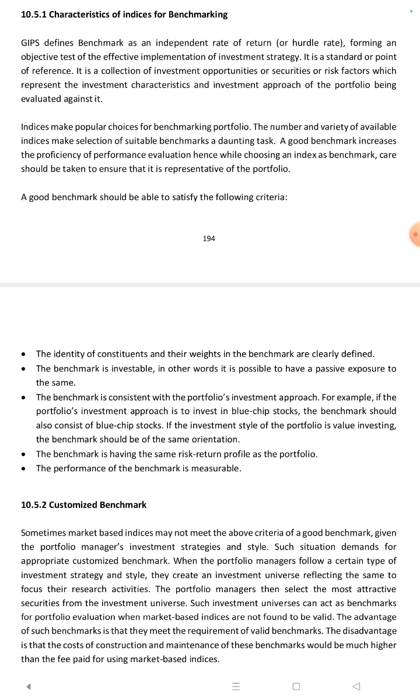It is a collection of investment opportunities, securities or risk factors which represents the investment characteristics and investment approach of the portfolio being evaluated against it. Indices are popular choices for benchmarking portfolios. The number and variety of available indices makes selection of suitable benchmarks a daunting task.